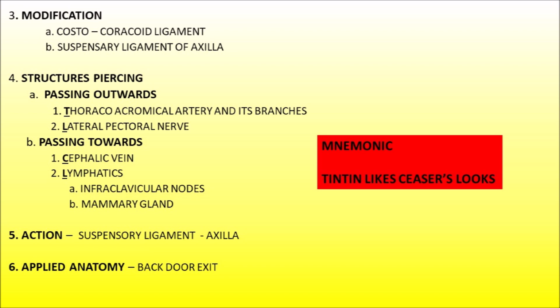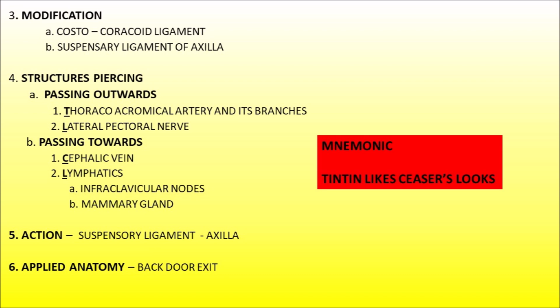Now let us move on to the structures piercing clavipectoral fascia. Those passing outwards are the thoracoacromial artery and its branches and the lateral pectoral nerve. Passing inwards are the cephalic vein and lymphatics, and under lymphatics are the infraclavicular nodes and the mammary gland.